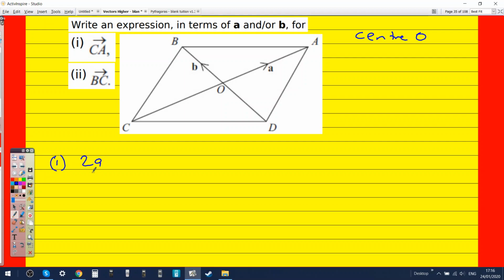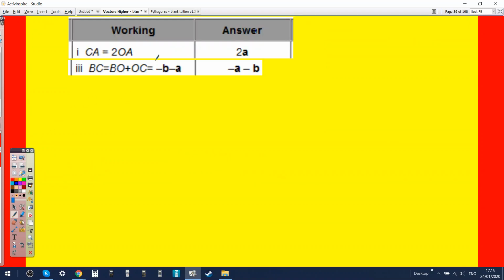Well done. And so, how about B to C? a plus b. No. B back to C. Oh, sorry, yes. Minus b minus a. Well done. 2a and minus b minus a. They wrote it as minus a minus b.